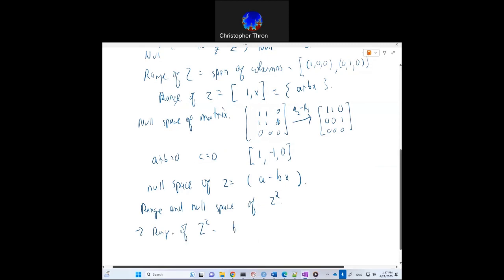The basis of the range of z squared can be obtained by applying z to the basis of the range of z.